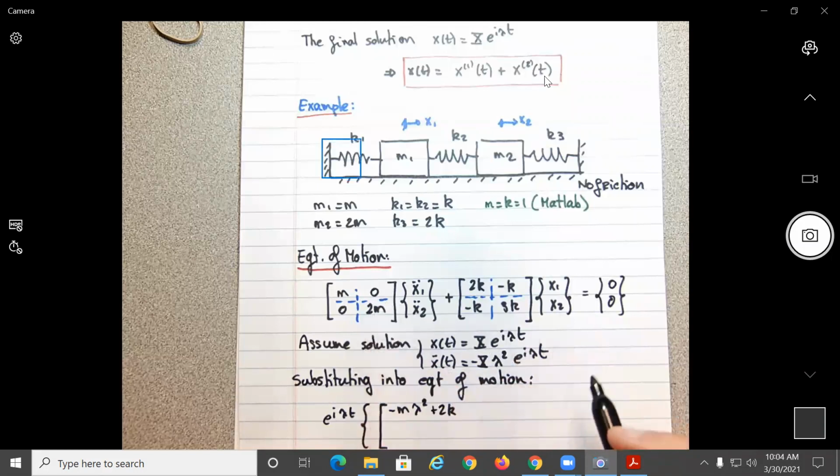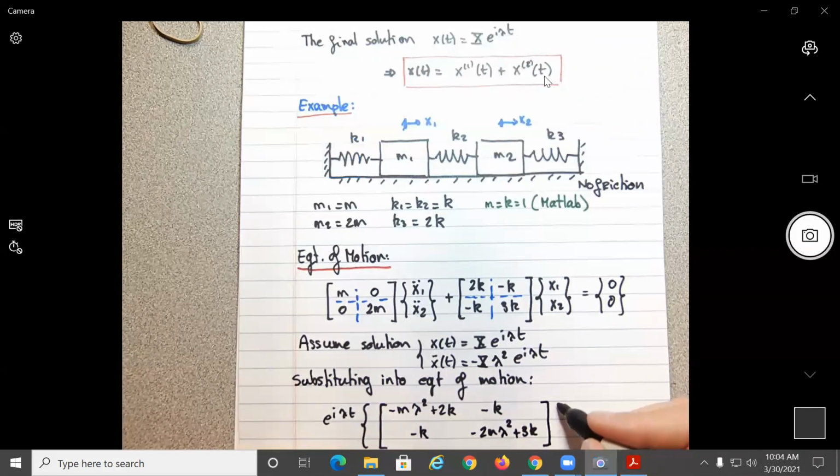Then this one will be minus K, minus K, and this one will be minus 2M lambda squared plus 3K. And now you have here X1, X2 of this should be equal to 0.